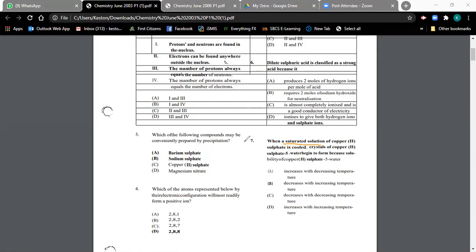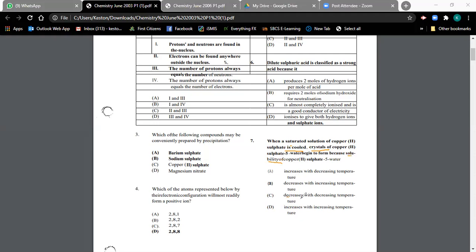The solubility is decreasing, because in order for you to get crystals, another word that I want to pull out, the crystals will only form if it's no longer soluble, right? You'd see the crystals at the bottom. So the solubility seems to be decreasing, and they say here that it's cooled. Look at what it's saying here. It is cooled. So as it cools, you get more crystals. So to get more crystals means that solubility itself, right?